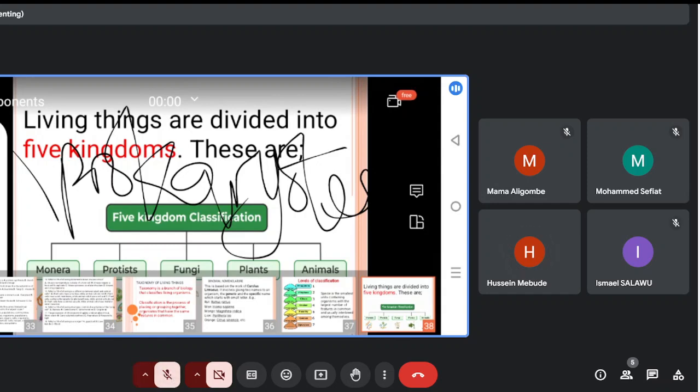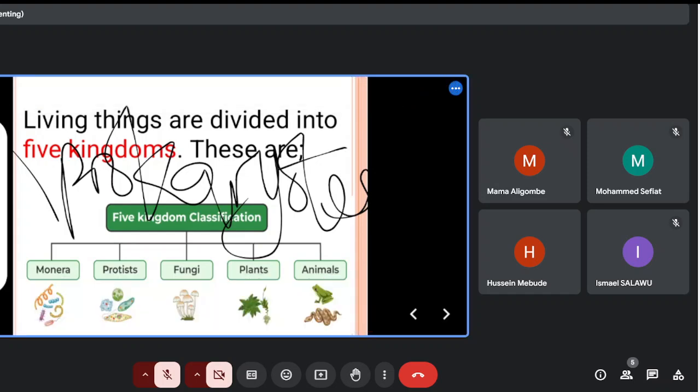We said Schizophytes are the only group of prokaryotic organisms that we have. The Schizophytes are found under Monera, so they are the first group of living organisms, the first kingdom, according to evolutionary advancements. So what does that word prokaryotic mean?